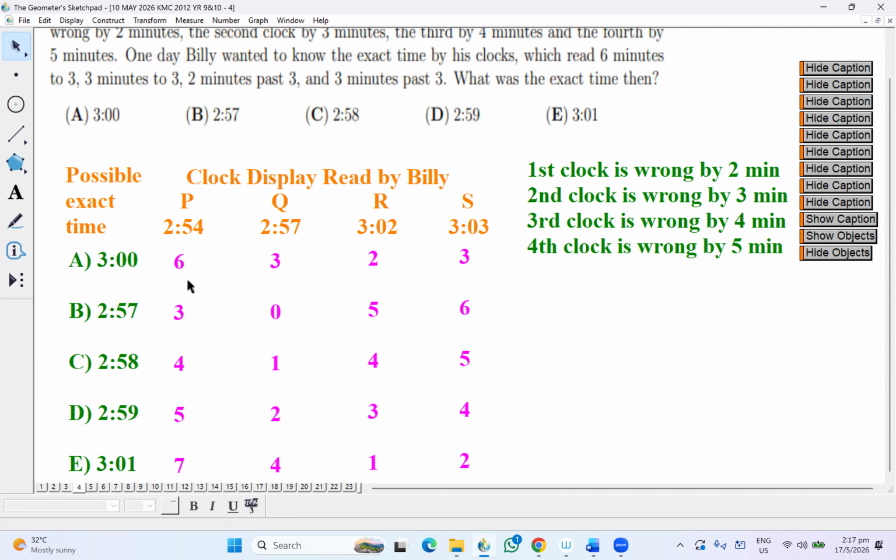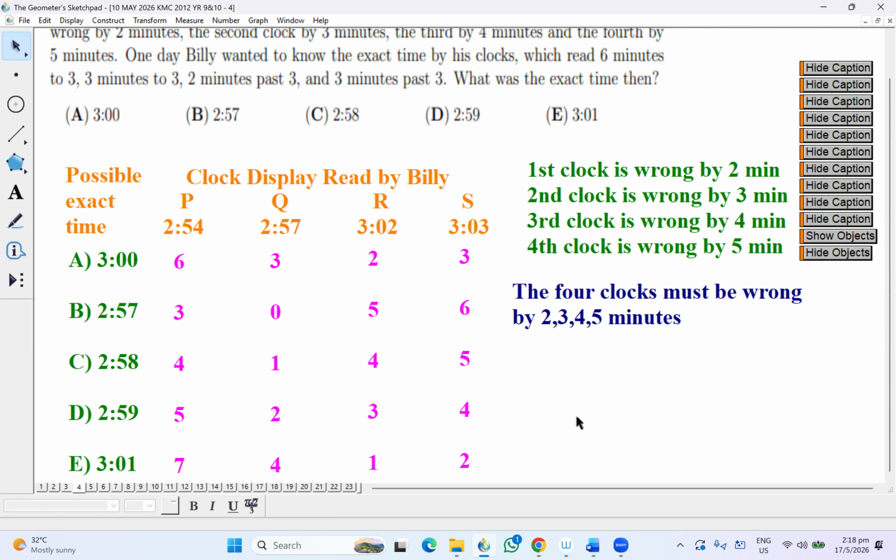If the time is 3 o'clock, the 4 clocks are wrong by 6, 3, 2, 3. Not the same amounts. The 4 clocks must be wrong by 2, 3, 4, and 5 minutes. That's given in the question, first, second, third, fourth clock.